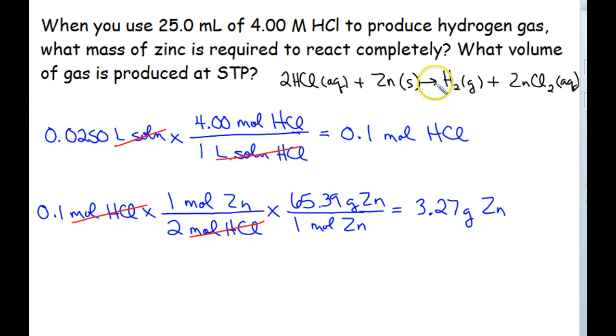The next question says, well, what volume of gas is produced at STP? Again, we can work from the moles of HCl to get moles of H2, and because this is at STP, we can use molar volume. So let's write it out. 0.1 moles of HCl, and from our mole ratio, there are 2 moles of HCl to 1 mole of H2.